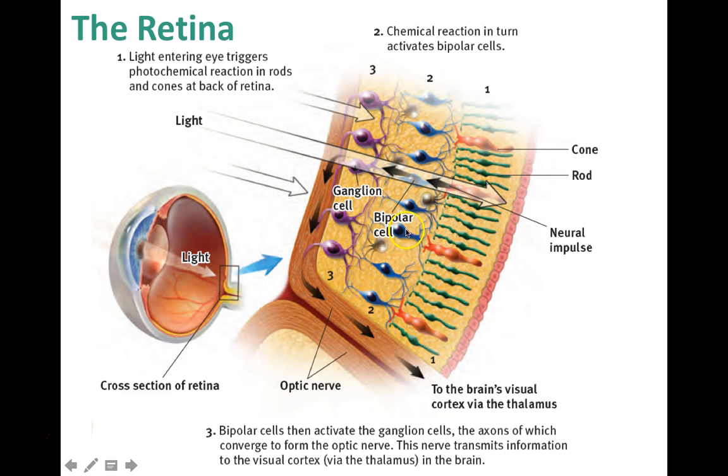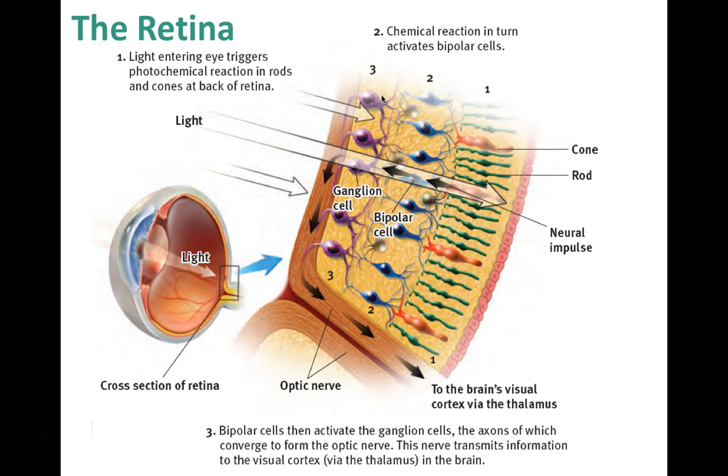Bipolar cells basically are bipolar because they're hooked in both directions. They're hooked into the rods and cones. They can receive stimulation from them, and then they in turn stimulate ganglion cells, which are really neurons.